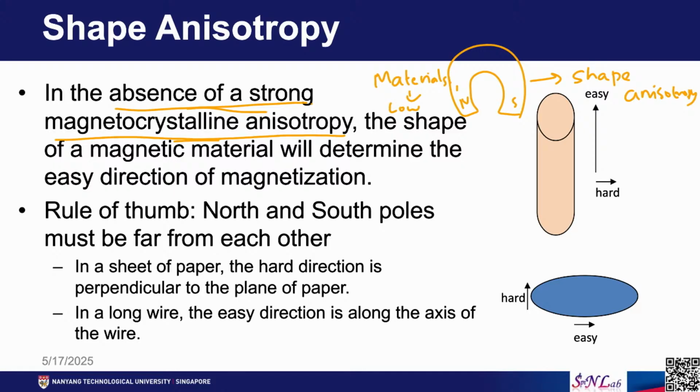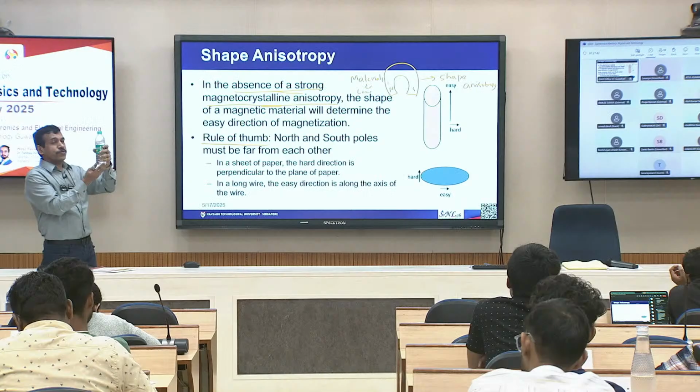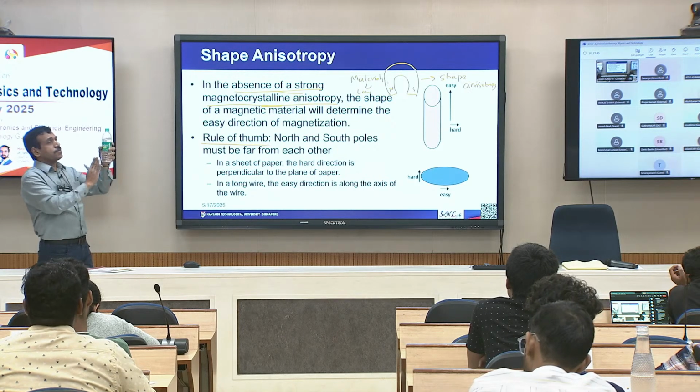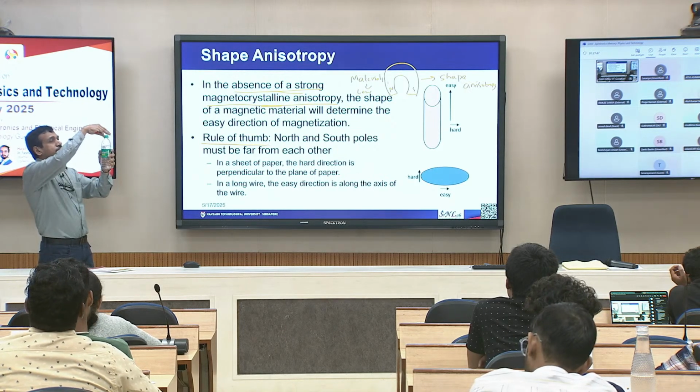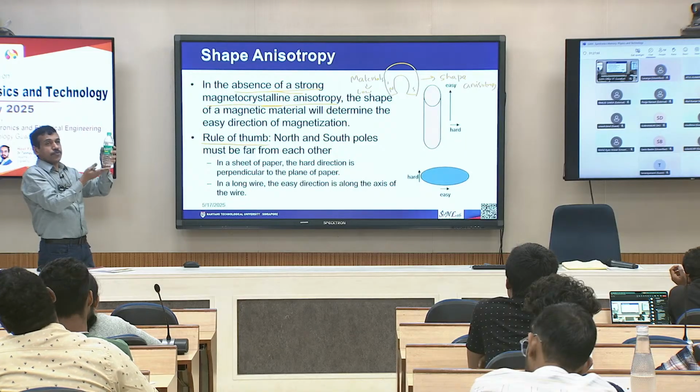So, to understand shape anisotropy, let us follow this rule of thumb. For example, let us say I have a magnet which looks like this bottle. I magnetize along this direction. So, let us say we have a north pole here and south pole here.